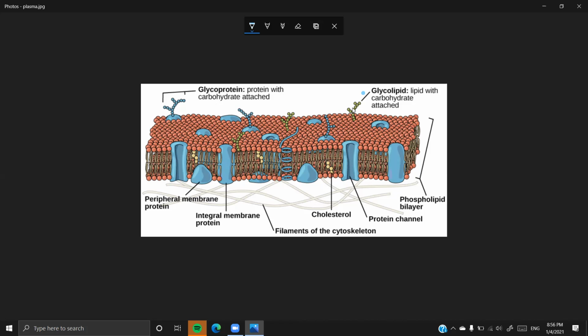We have carbohydrate chains attached to the lipids, which we call glycolipids, and carbohydrate chains attached to the proteins, which we call glycoproteins. All of these in between the bilipid layer together make the mosaic as well as the fluid, because these molecules move sideways and in any direction, so they have fluidity.